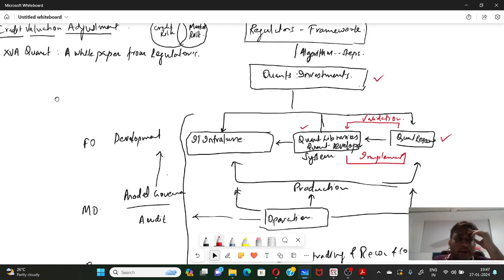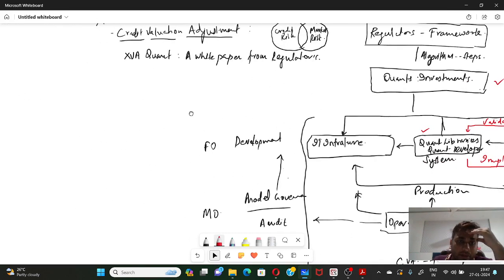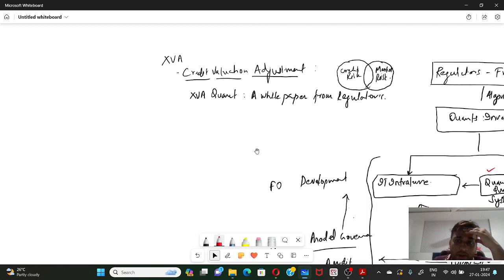Now, coming back to the credit valuation adjustment. Even before that, we are looking at something called credit risk, right? So let us look at credit risk, and then what element of that has market risk, and why there is an overlap, and why we land up here in terms of CVA.